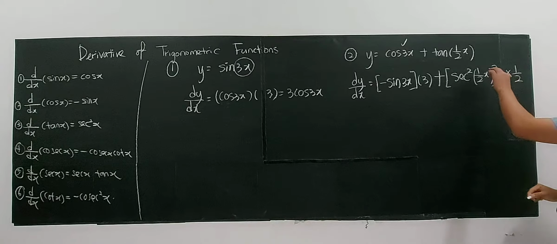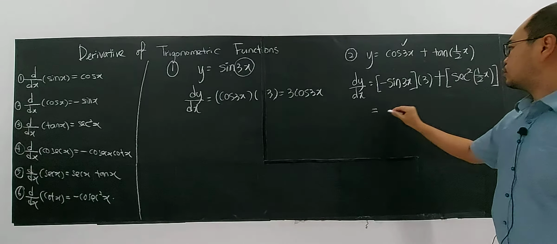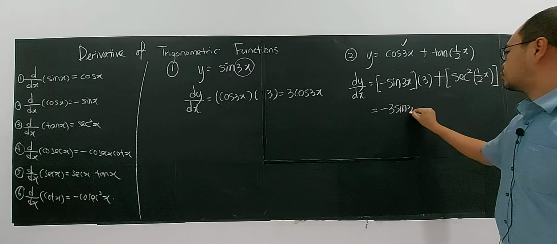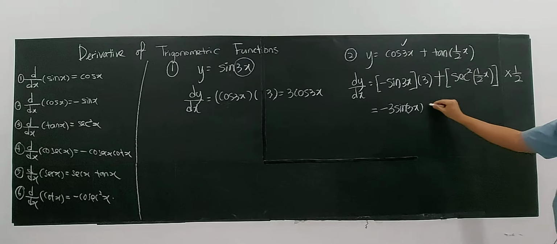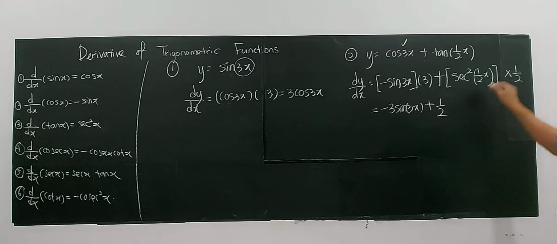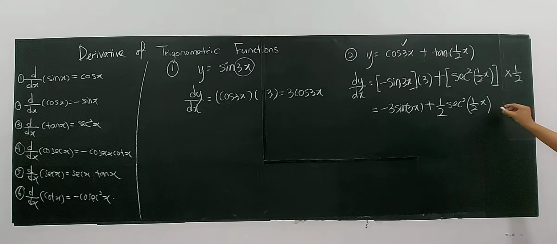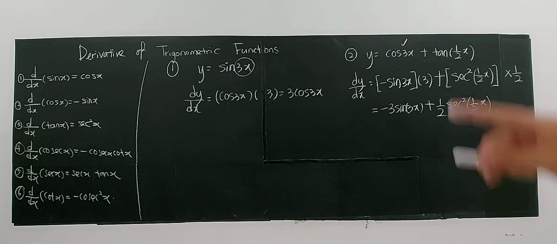Differentiate 1 over 2x, you have 1 over 2. Finally, you are done with your differentiation, which is negative 3 sine 3x plus half of secant square half x. This is the differentiated form of this function.